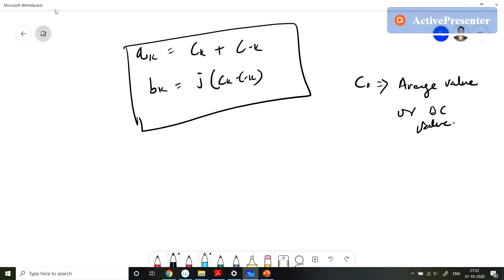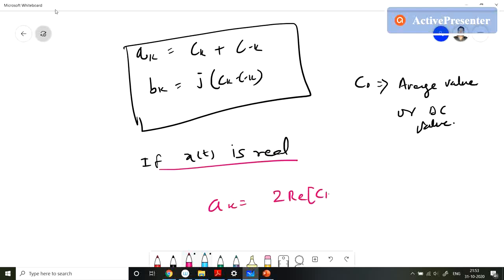Now a very important conclusion: for a real signal, if x(t) is real, then ak is 2 times the real part of ck, and bk is minus 2 times the imaginary part of ck.